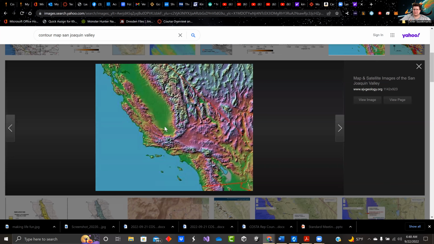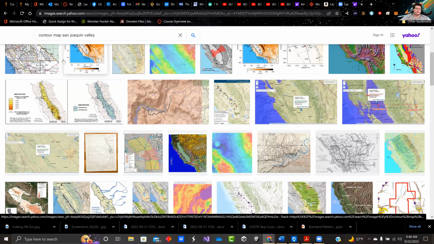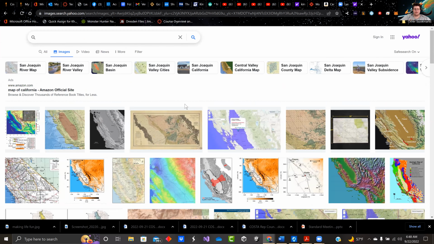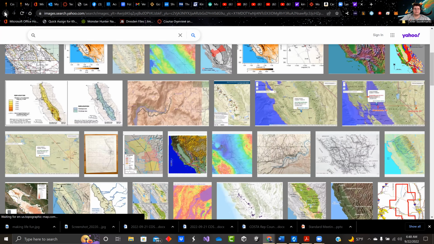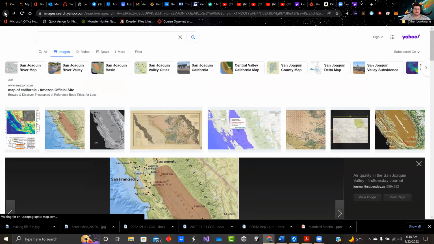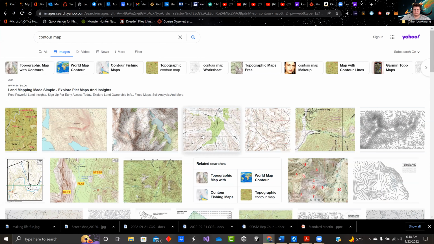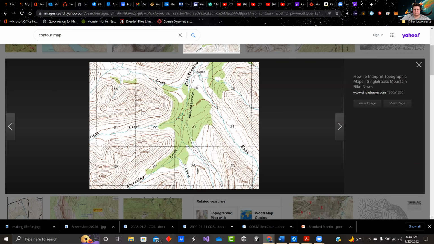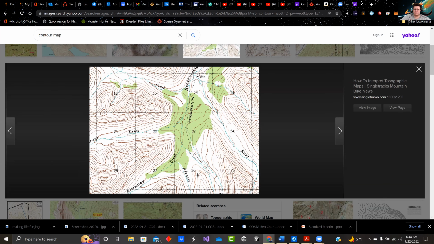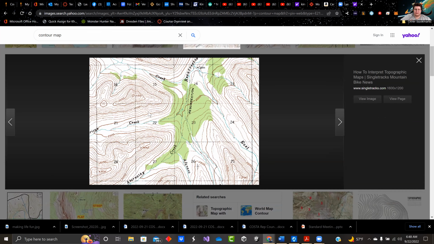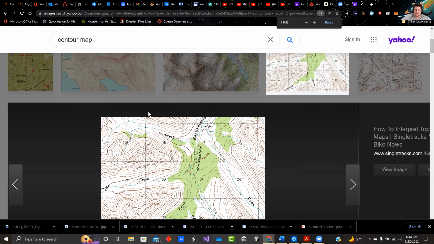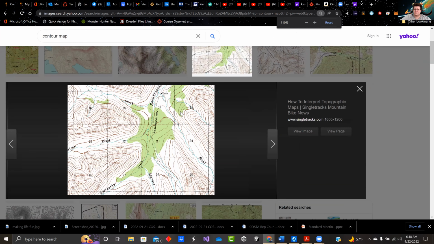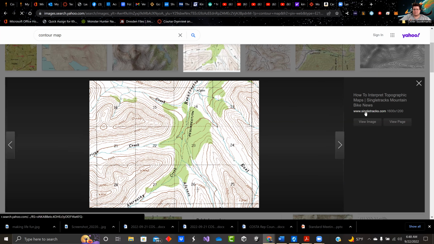They'll use color to illustrate the different contours. But when you're not drawing with color, you get things like this.